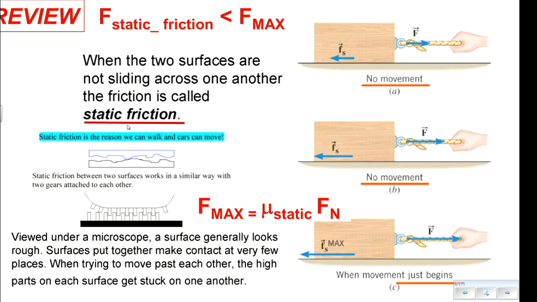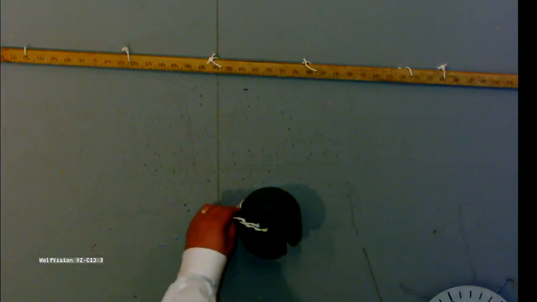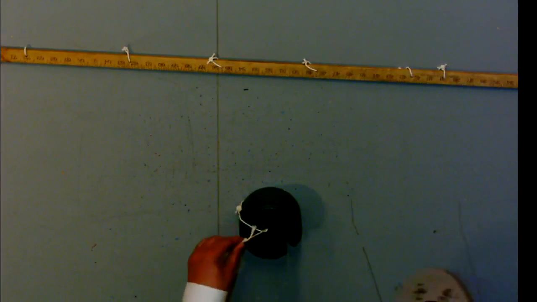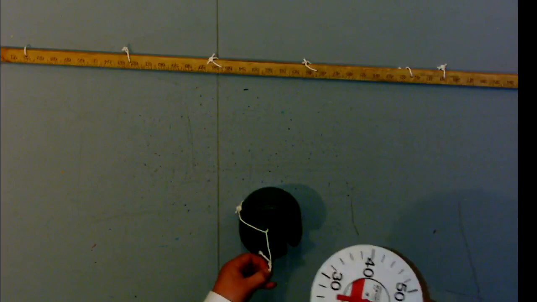Well, we're going to talk about a couple of examples which involve force of static friction. And technically, we know what it is, so I just want to remind you quickly. This is a heavy weight. It says 5 kilograms.